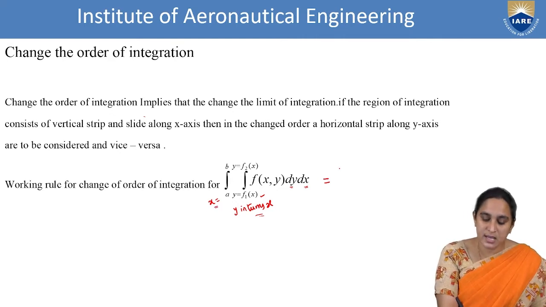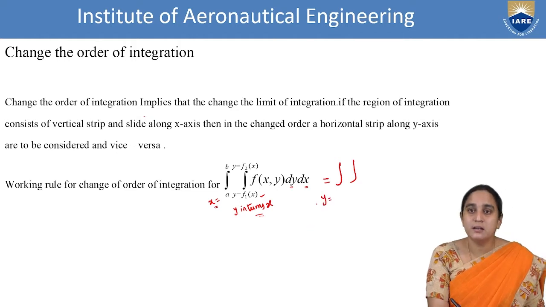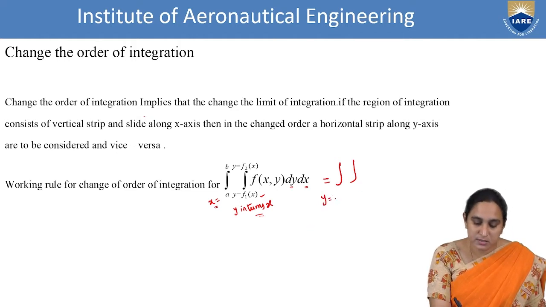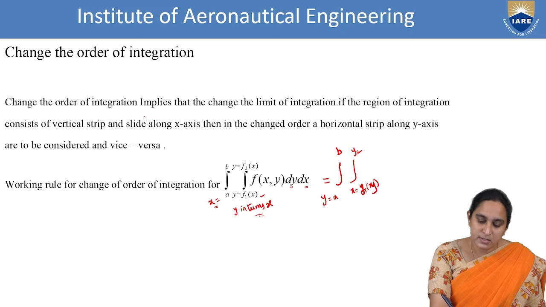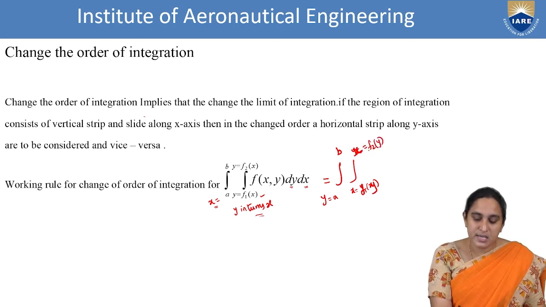Now I'll change that so that the y limits are fixed, that is y is from a to b, and the x limit points are in terms of y, that is x is from f1 of y to f2 of y. Here y is fixed and x is in terms of y.